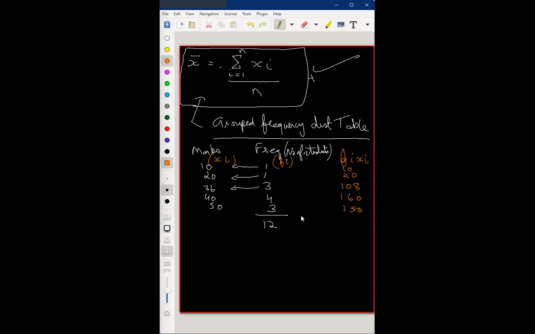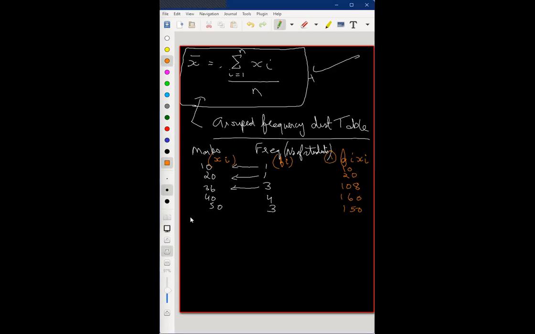Is this clear? So the first step is to find fi xi.